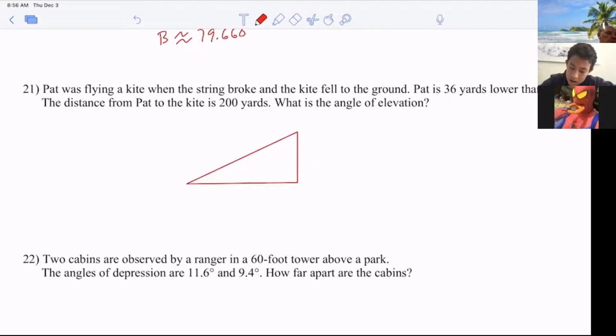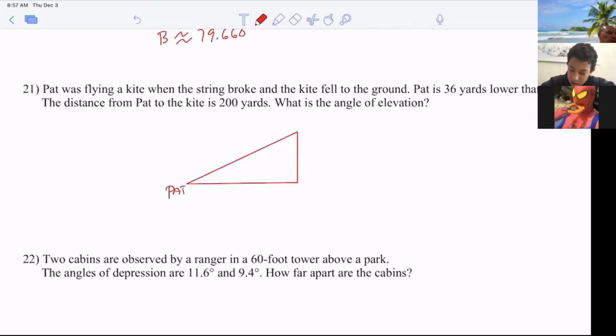All right. Pat was flying a kite when the string broke and the kite fell to the ground. Pat is 36 yards... and the distance. It's opposite over hypotenuse. Wait a minute.